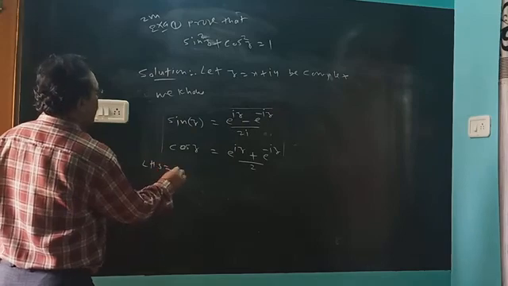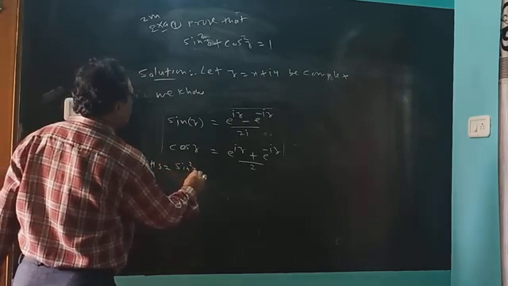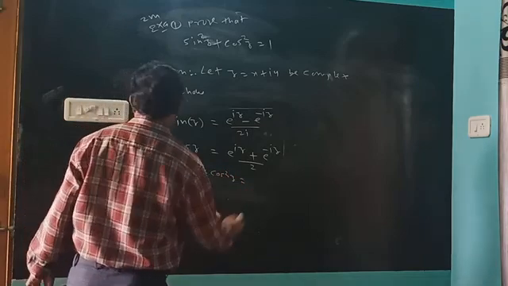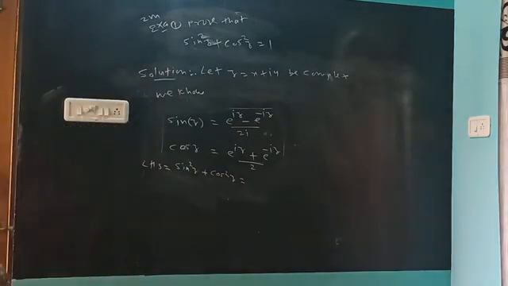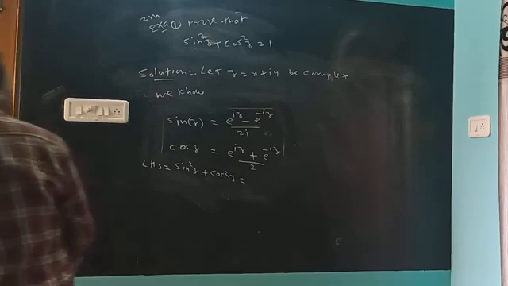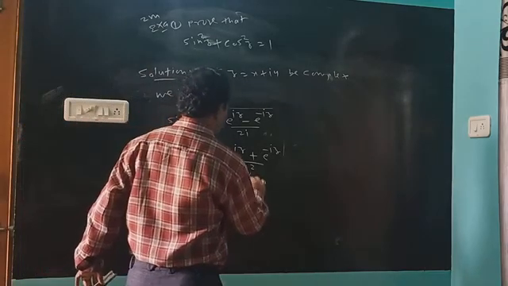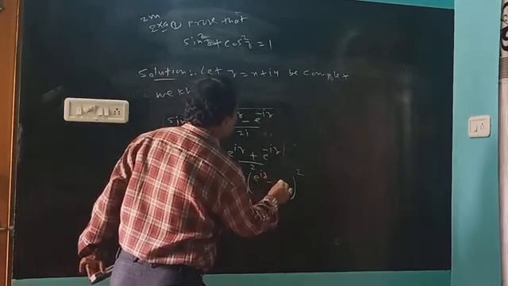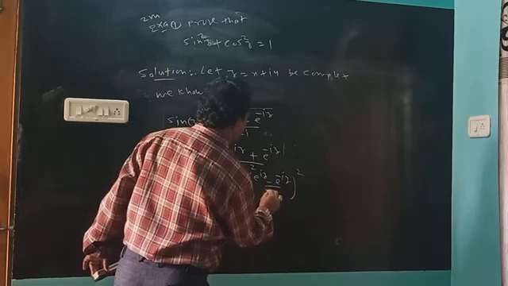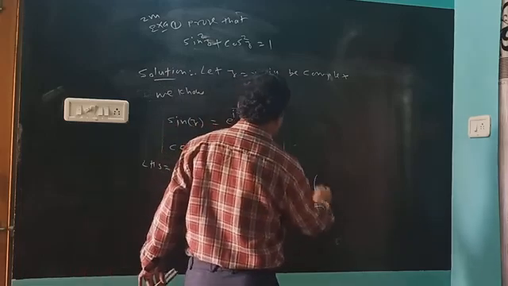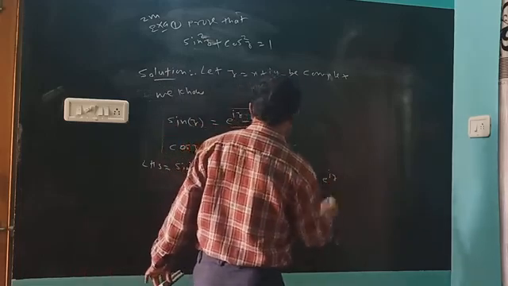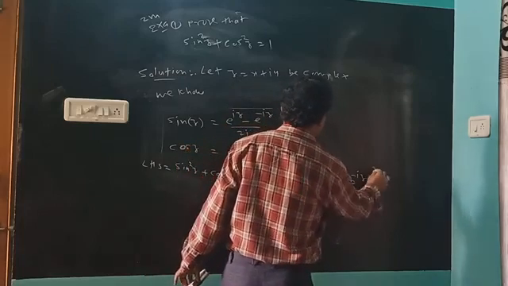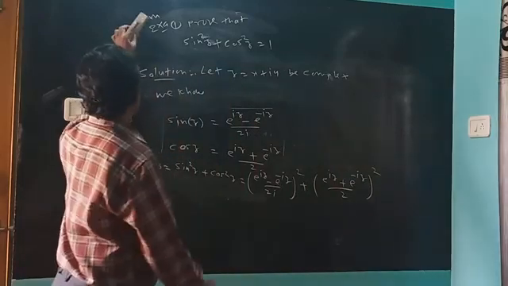So take left hand side, sin square z plus cos square z. Sin square z is e raised to power iz minus e raised to power minus iz upon twice i, squared. Cos square z is e raised to power iz plus e raised to power minus iz upon 2, squared.